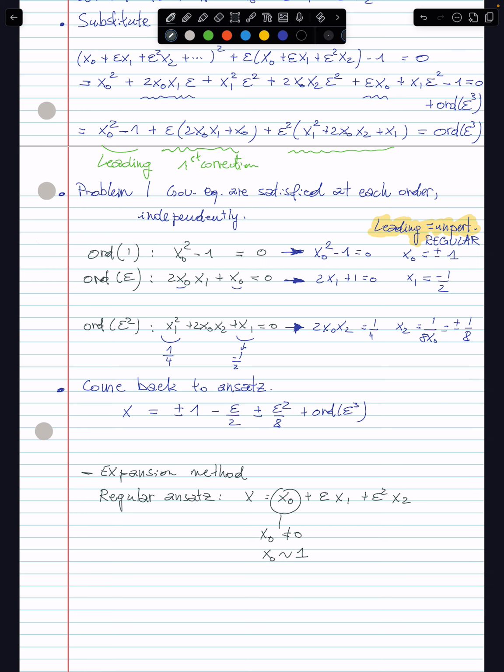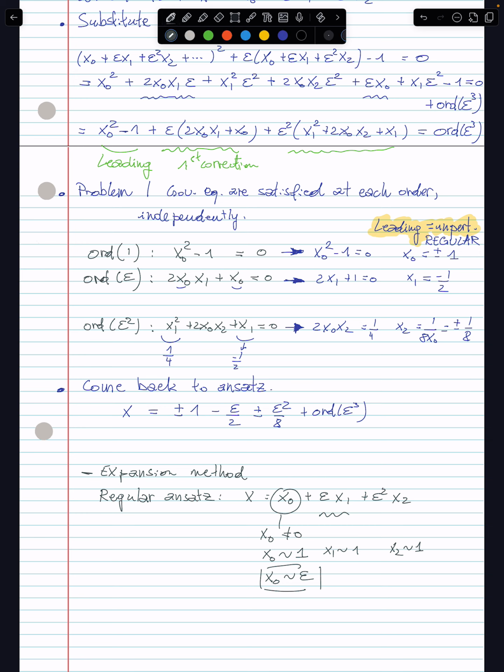Why? Because if x0 was a small number, so typically same order of magnitude as epsilon, there would be a conflict between x0 and epsilon x1. Okay, because we assume also that x1 is of order 1, and we also assume x2 is of order 1. And we don't want any conflict between two successive terms, because that's precisely what we used in order to say that the problem is satisfied at each order.